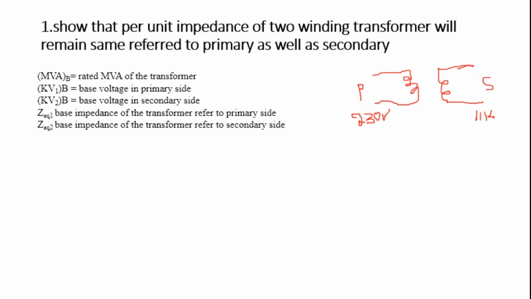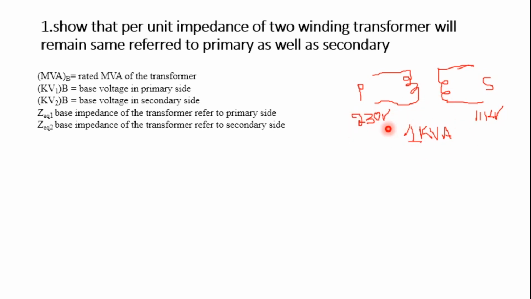But we are considering that it is a 1 kVA transformer. Understand? So what does it mean? This means that the 1 kVA will remain the same for the entire transformer. The kVA rating of the transformer remains the same.